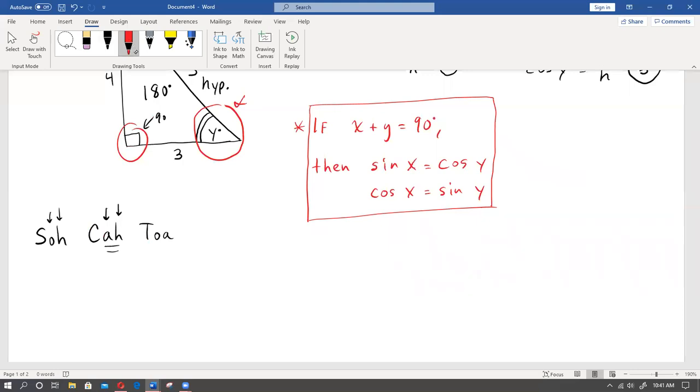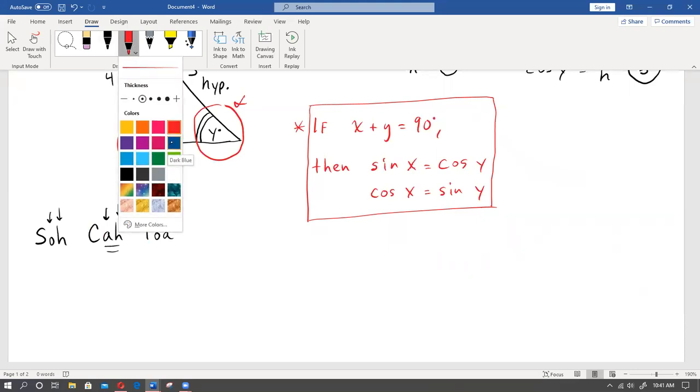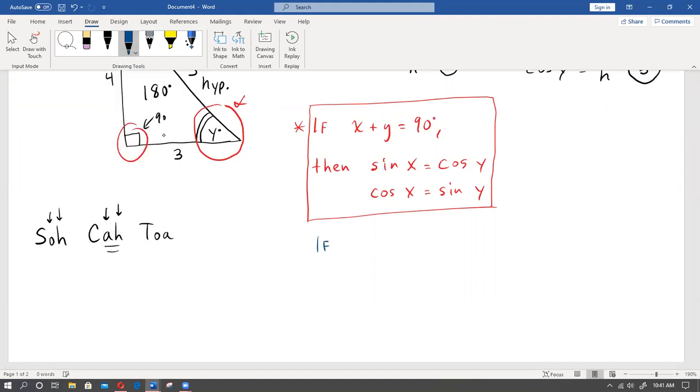And it also works the other way. So you can say if sine of X equals cosine of Y, or cosine of X equals the sine of Y, then X plus Y equals 90 degrees.